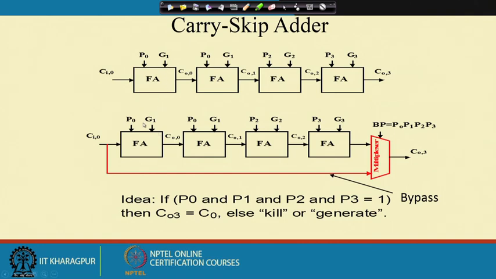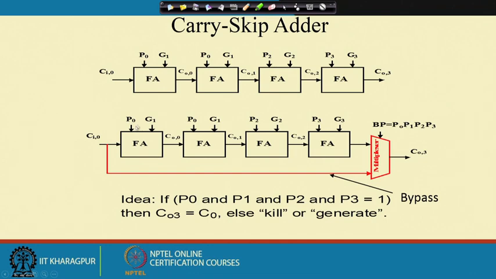If I generate this full adder cell using the previous architecture, then at the final stage I put a 1:2 multiplexer.